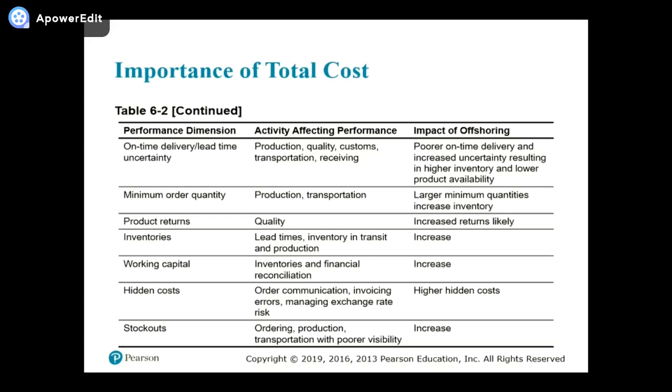Product returns are both more likely and more difficult. Inventory will increase because of longer lead time, more uncertainty, and more need to aggregate transportation.